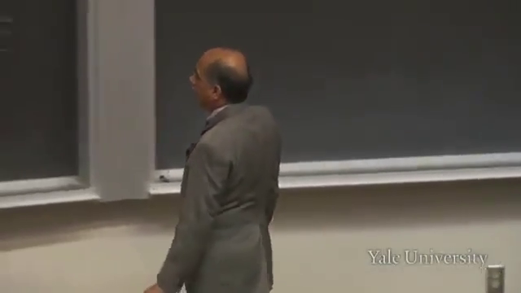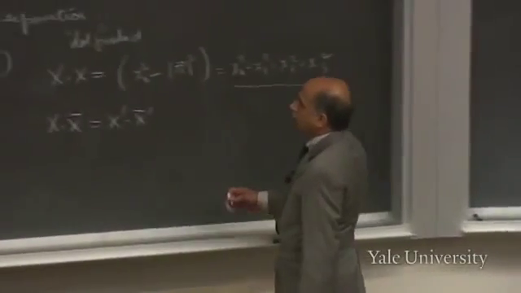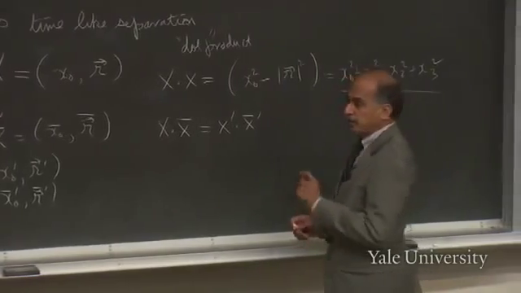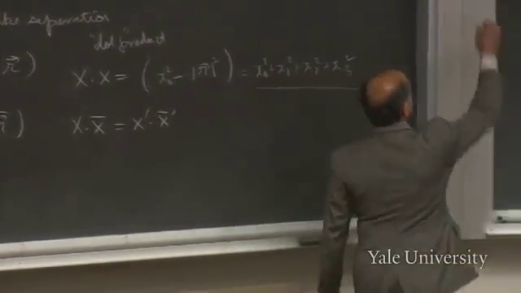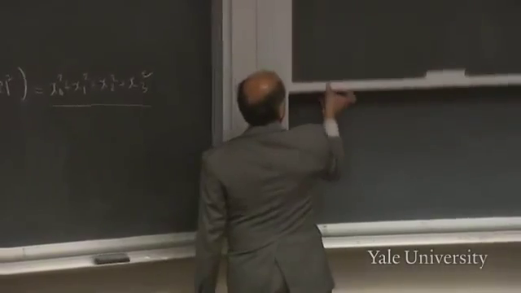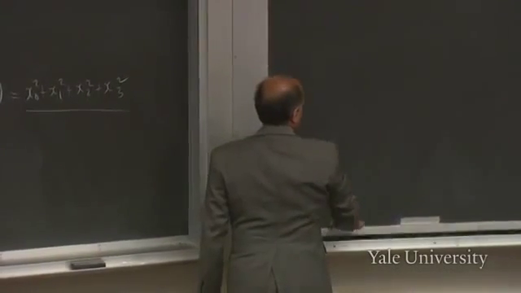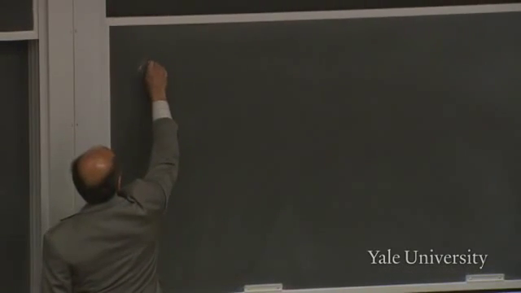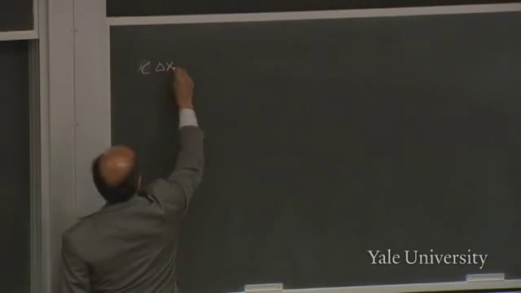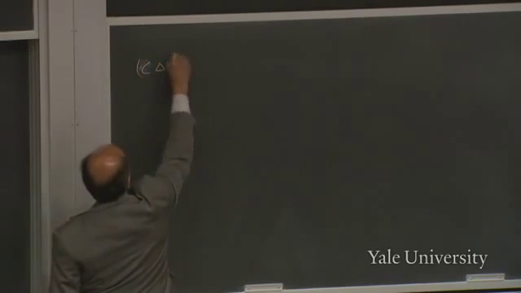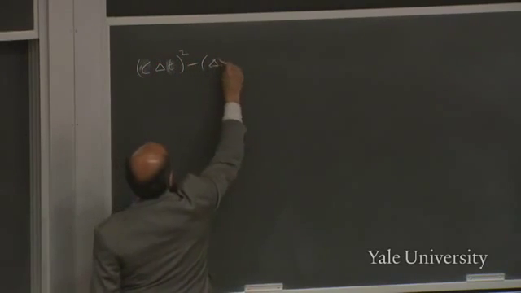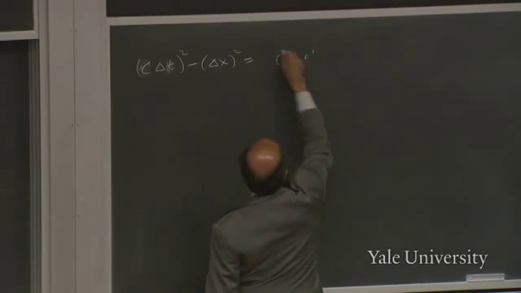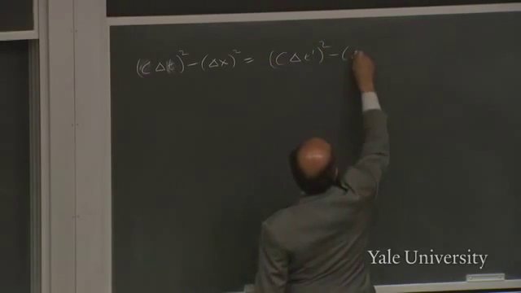Okay, so finally, if you take a difference vector, in other words, take the difference of two events, then the difference in space coordinate, according to me, namely c times delta t squared minus delta x squared, will be c times delta t prime squared minus delta x prime squared.